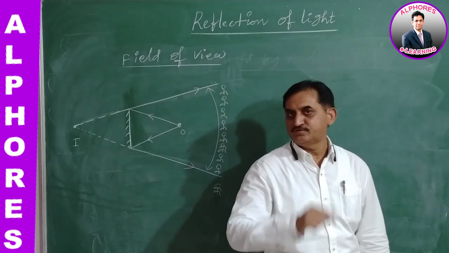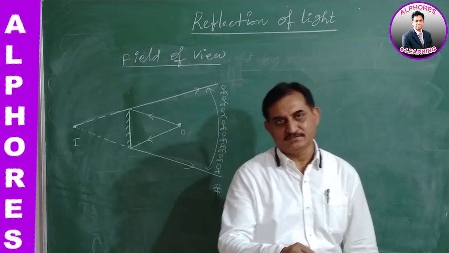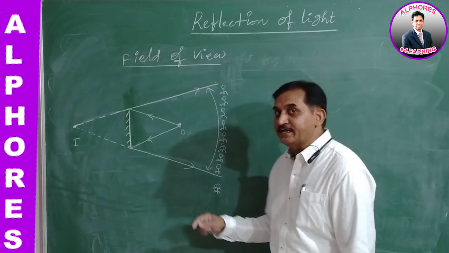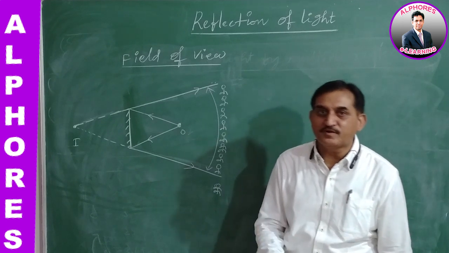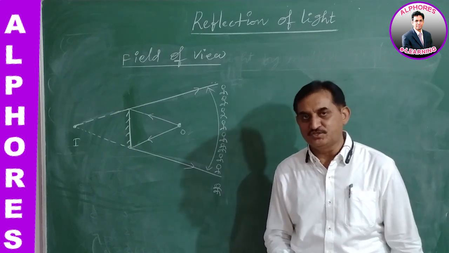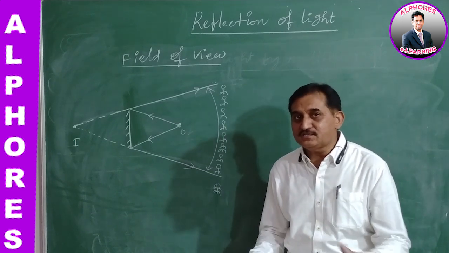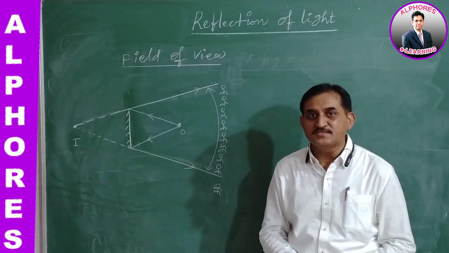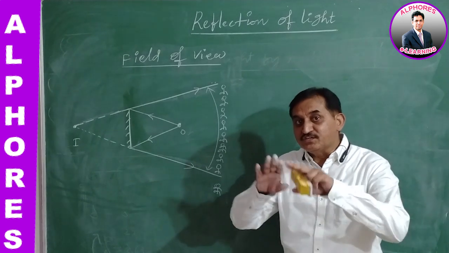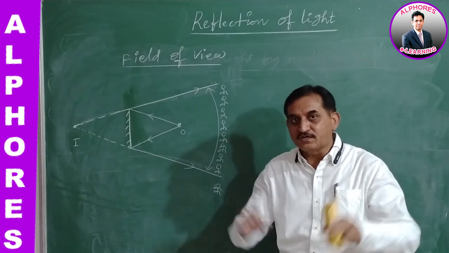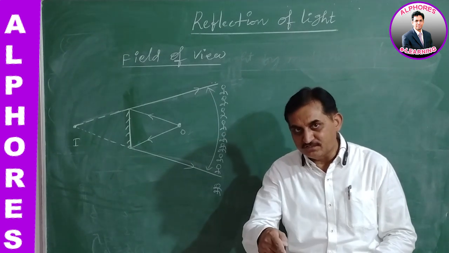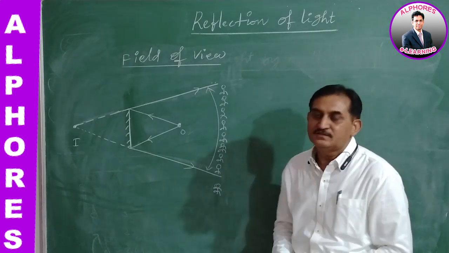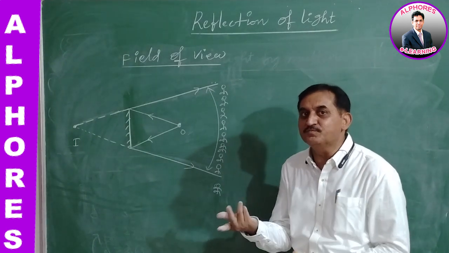Therefore, field of view is one of the very important concepts. In order to see the object or the image, we need divergent light coming from the object or the image. The diverging light is not spread throughout the space. It spreads to a certain region. In that region, if an observer is present, he can see the image or the object.